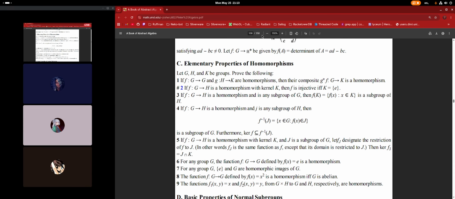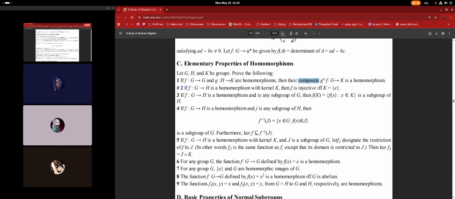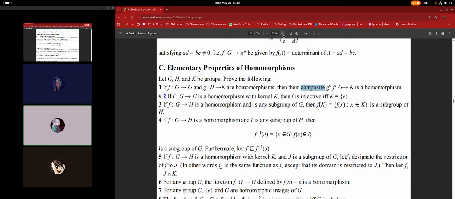C. Does anybody want to talk about something in C? Oh, composition mentioned. Well, yes, composition mentioned. Wow, this is very cool, actually.